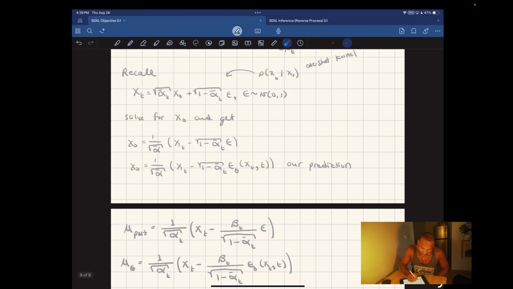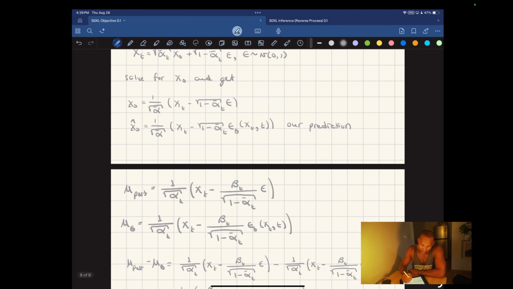Now, if we solve for x naught, I did this math in a previous video, but just to connect the dots here, if we solve for x naught, we get this. And then if we substitute epsilon with our model's prediction, we get x hat naught. Okay, that's our prediction for the image that we're trying to generate at time step t.